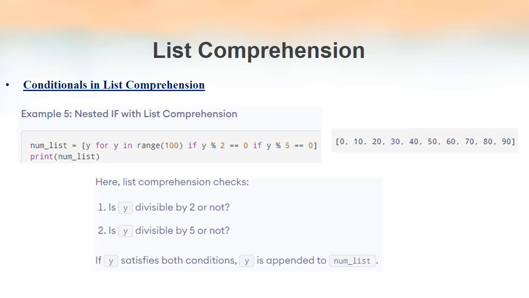Like we did just now, we can also include nested if statements. So if y mod 2 equals 0 in this example, if this condition is true, then again we have mentioned one more condition. Only if both of these conditions are satisfied, then that value will be stored inside this num_list.